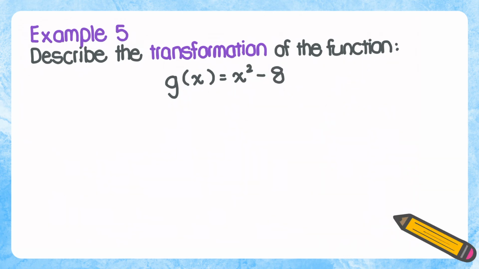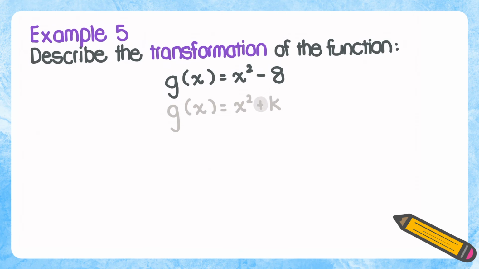Let's do one more example together. Describe the transformation of g of x equals x squared minus 8. The general form is g of x equals x squared plus k.